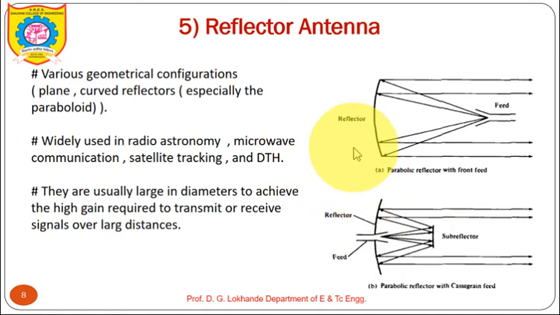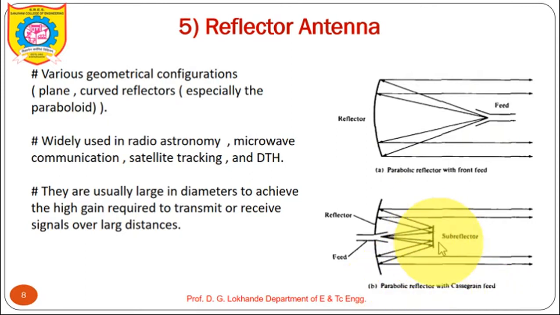In the first figure we can see clearly the parabolic reflector with front feed, where the signal from the horn type of antenna is radiated and incident on the parabolic component, from which it is uniformly radiated into free space. So this is specifically the Cassegrain arrangement.